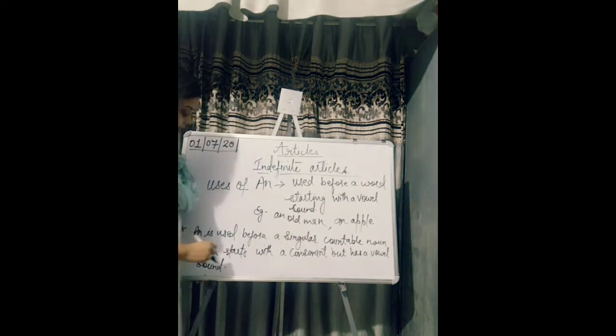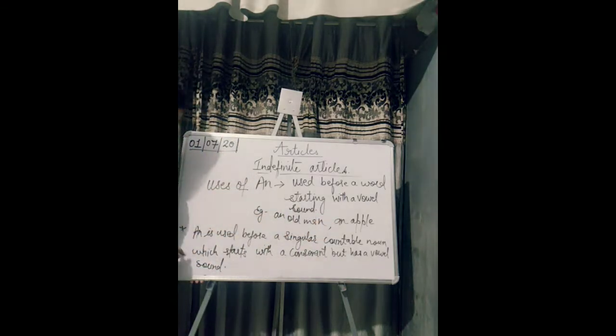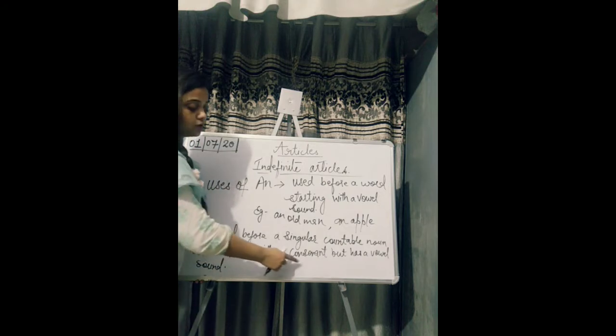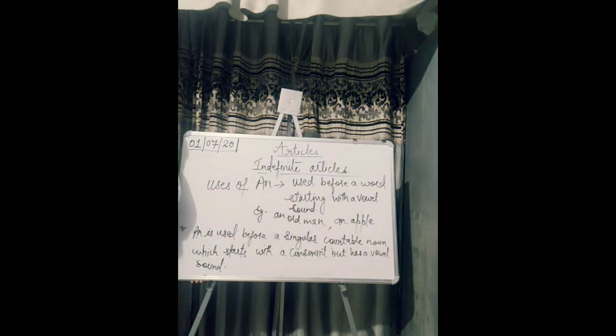Now the next one, which is also very important. Next point: an is used before a singular countable noun, like we use a. But over here you can see nouns which start with a consonant but have a vowel sound. It is just the opposite of what we did with a.